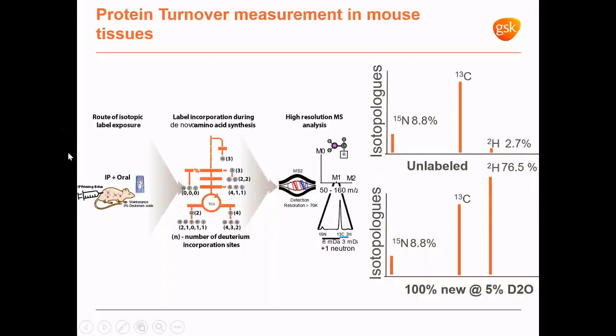Now, the recent application of this approach to measuring protein turnover synthesis in mouse tissues is outlined schematically, where we take a mouse, do an IP priming bolus, and then the mouse is maintained on deuterium oxide enriched water. Again, label gets incorporated during de novo synthesis of amino acids, and then we quantify protein fractional synthesis by measuring the changes in the ammonium ion isotopolog peak abundances.